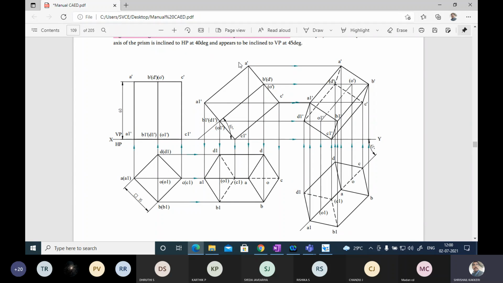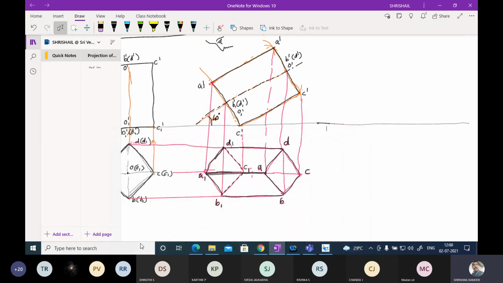The observer is standing here, so this is near to him, so you make it dark. Once this is dark, then these two lines joining them will also be dark. Then this particular line CD will not be visible to him because it is away from the observer, and this will be dotted, and this will be dotted.